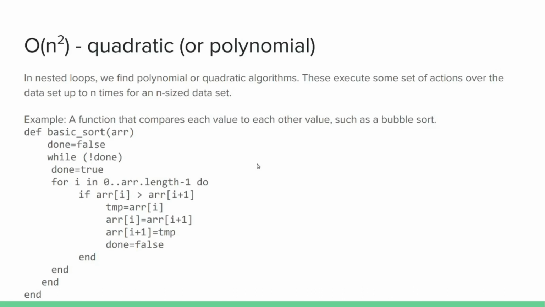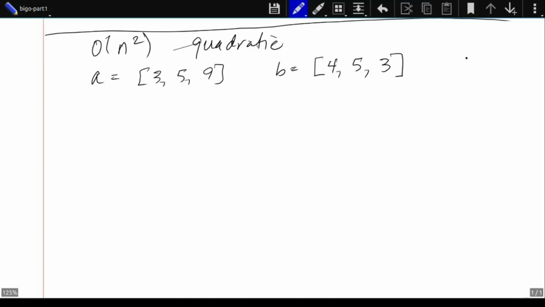Let's look at an example to see if it makes it more clear. In this example, we will consider searching for all the elements in one array in another array. So here we have two numeric arrays. I've made them small so that this example doesn't go on too long. And these arrays are not sorted. So let's say we have a situation where we have two arrays and they're not sorted, or we don't know if they are.